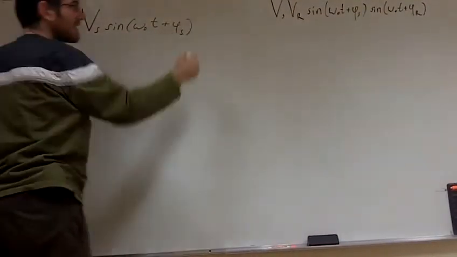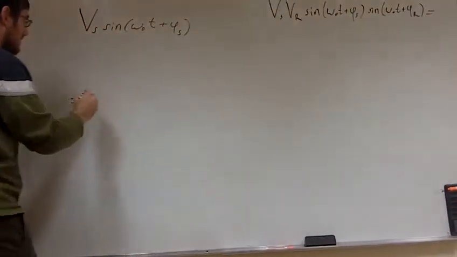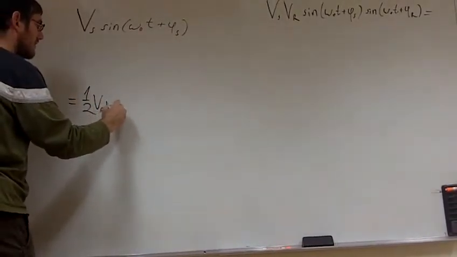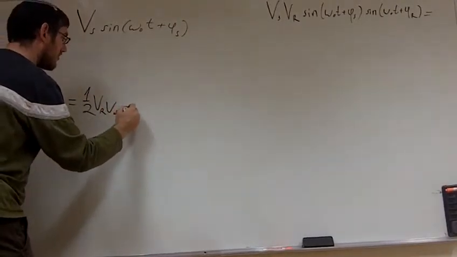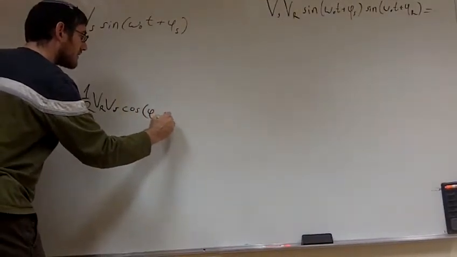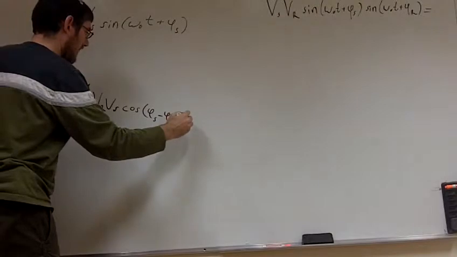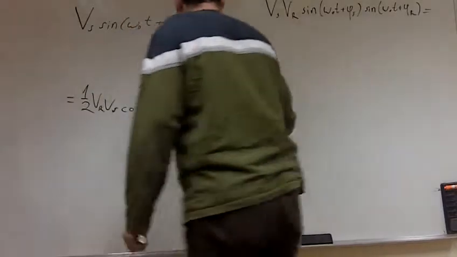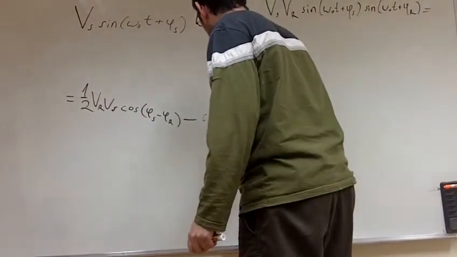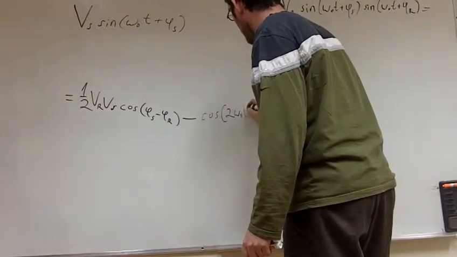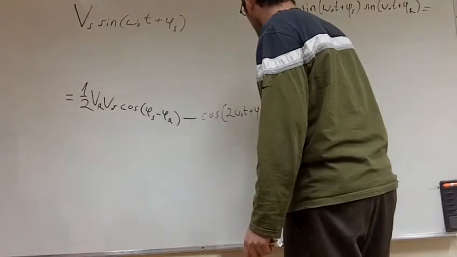So at the end of the day, this thing is equal to half V_R V_S cosine(phi_signal minus phi_R) minus cosine of 2 times the frequency plus the phases.